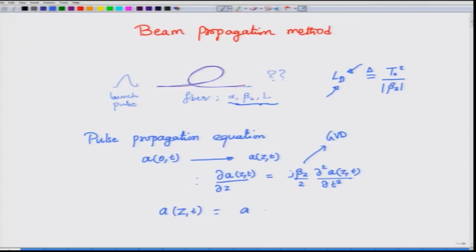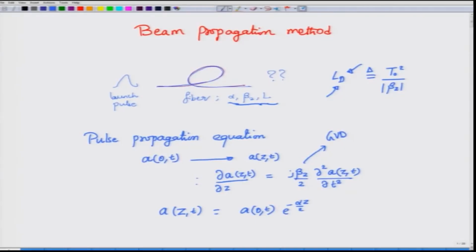The pulse envelope would simply be whatever the pulse that you have at the input, except it is now attenuated by a factor of say e power minus alpha z, where alpha is the attenuation parameter of the fiber that we have taken. Of course, in many cases alpha represents the power attenuation, that is attenuation measured with respect to launch power and the power that is available at the fiber.